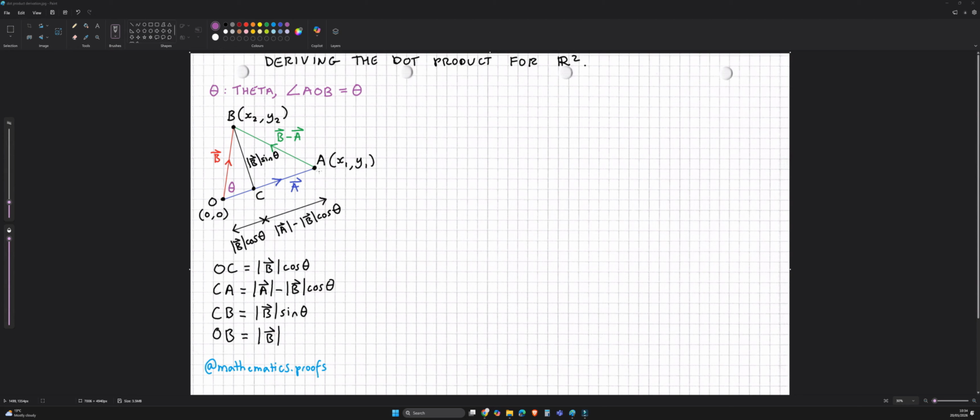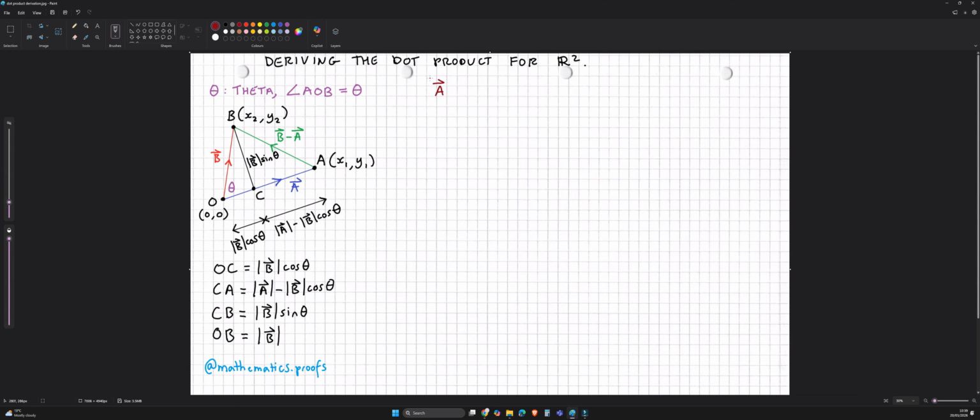We are going to use the right triangle ACB to generate our proof, and also Pythagoras' theorem. Therefore, we need to know the magnitude of the vector B minus A. So let's write out some useful pieces of information.